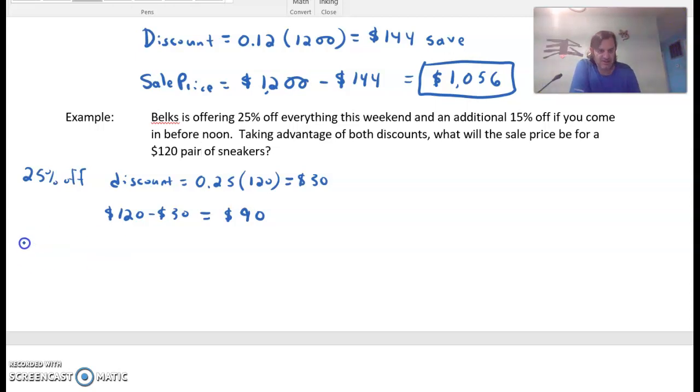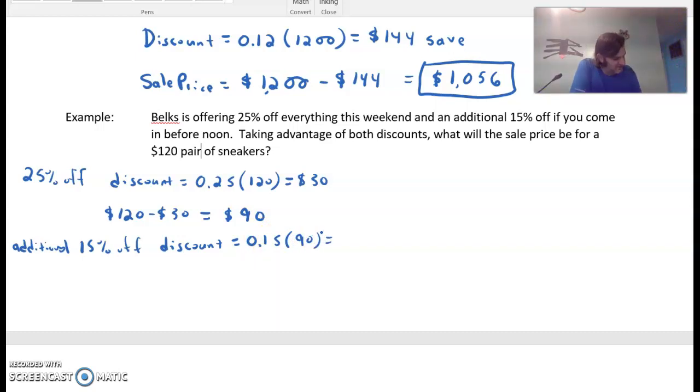Okay, but we're going to take another additional 15% off. So here the discount will be 15%, 0.15 of 90. Let's see, 0.15 times 90. So now we're going to take off another $13.50.